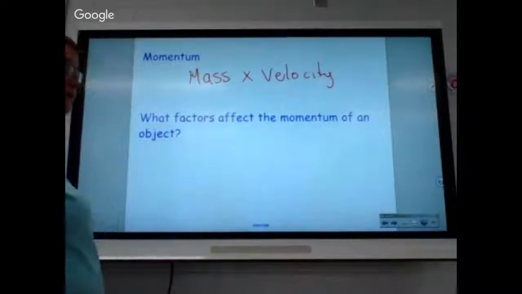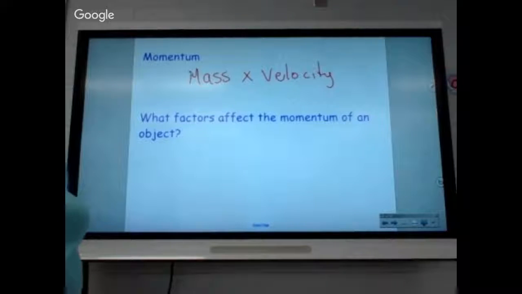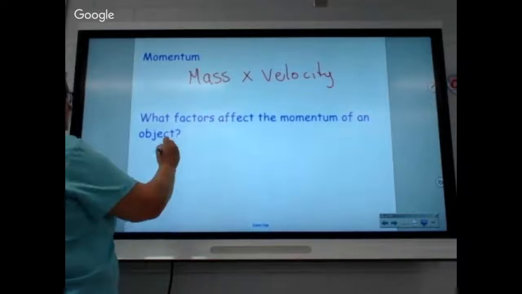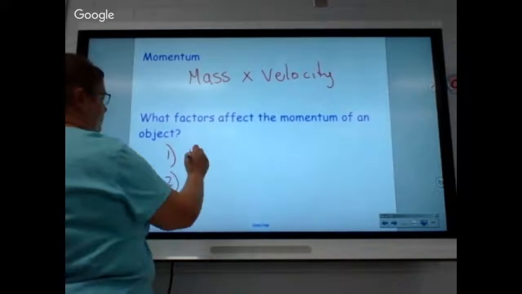Now, given that momentum is defined as mass times velocity, what are the only two things that are going to affect momentum then? Mass and velocity. Okay?